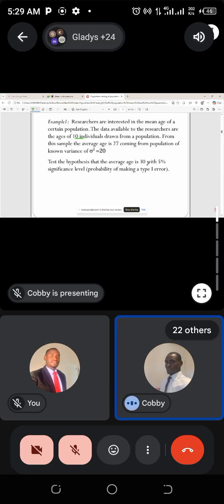Okay. So they are telling us to prove or to test if this sample is coming from this population with the average age of 30. So that's what we need to prove.